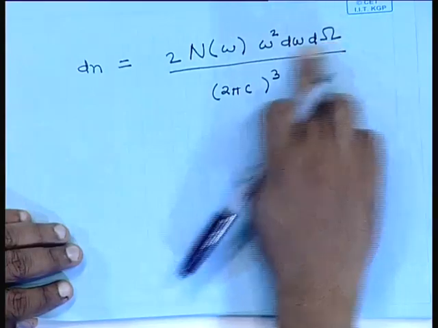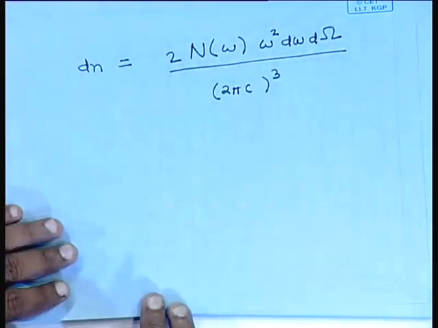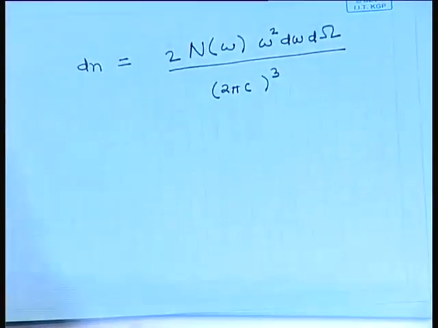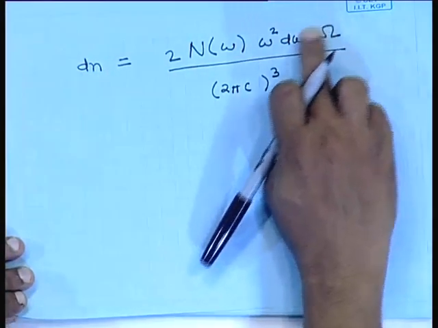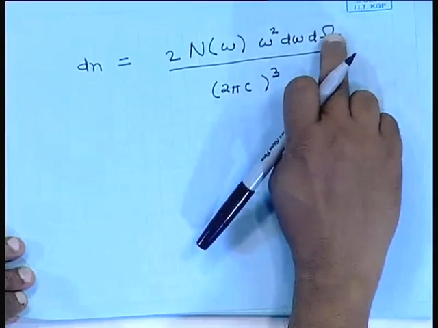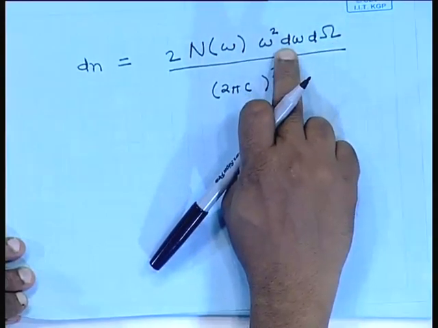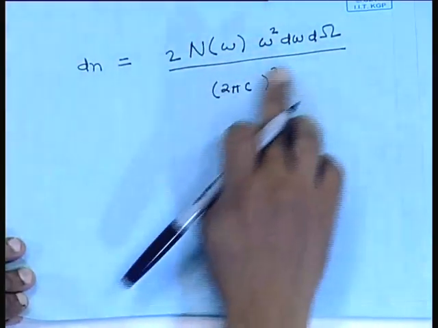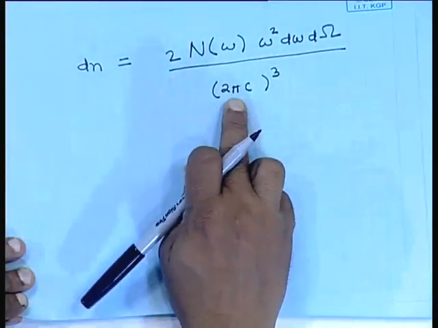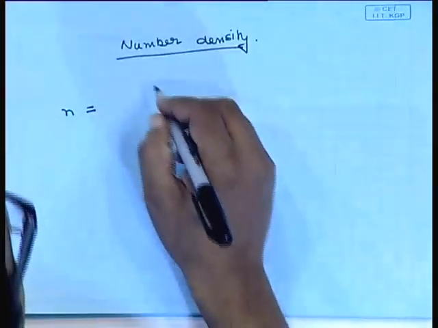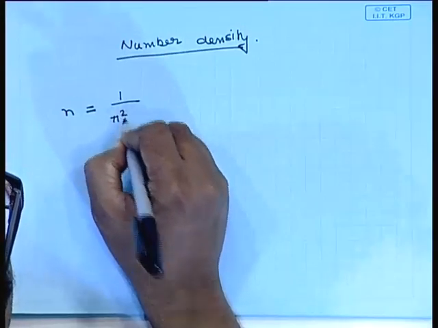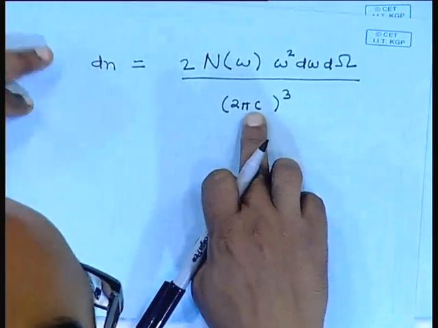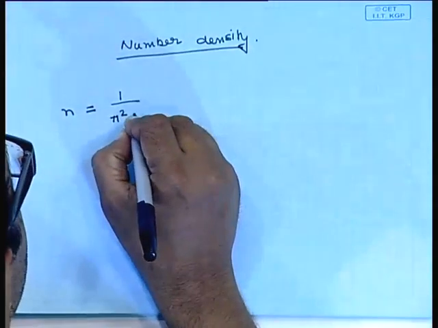I am interested in photons moving in all directions, I just want the total number density of photons. This expression gives me the number density of photons moving in this solid angle with this angular frequency, so the total thing I have to integrate. So I have 8 pi cube here, this gives me a factor of 1 by pi square, and I have a factor of c cube over here.